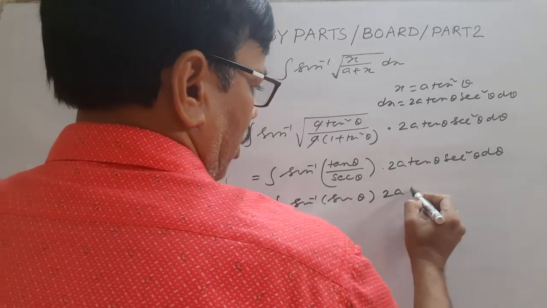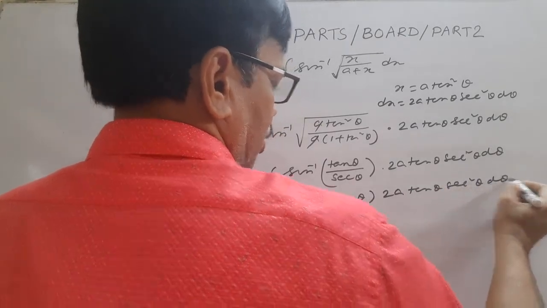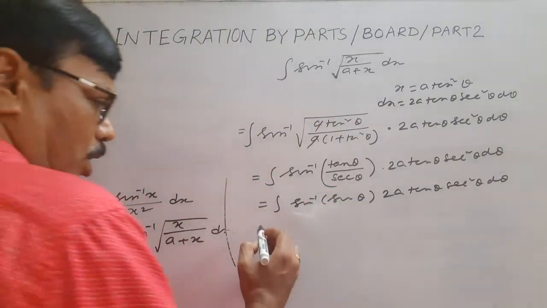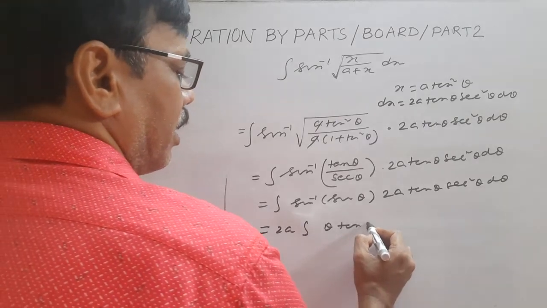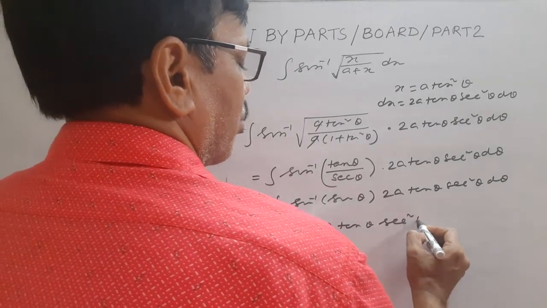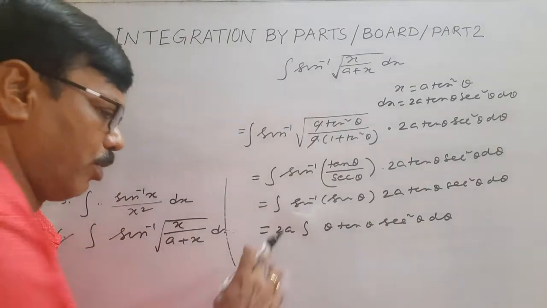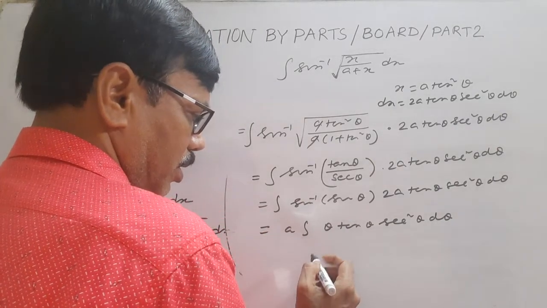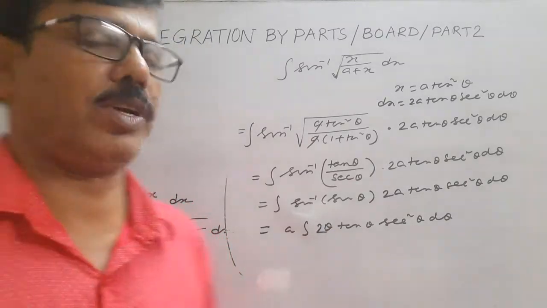So this is our main aim, to put it in simplified form. So 2a outside, theta tan theta sec square theta dθ. So a outside, suppose 2 theta tan theta sec square theta dθ.